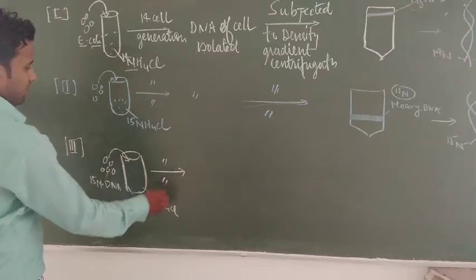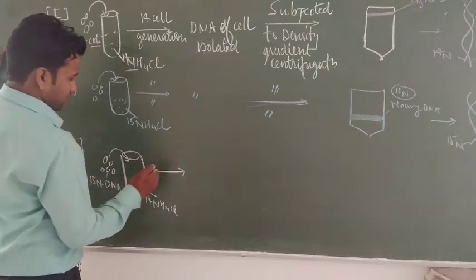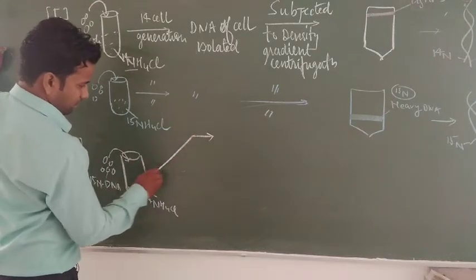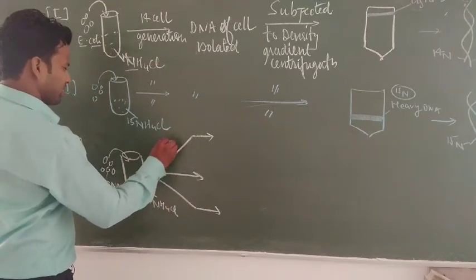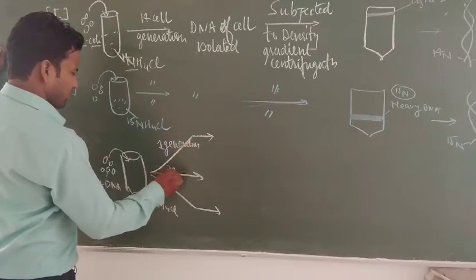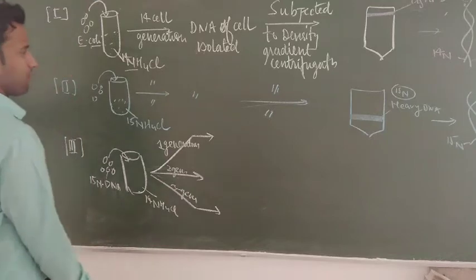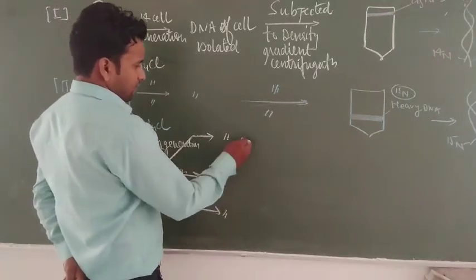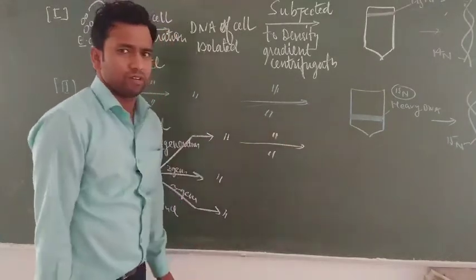Again, they took samples after one cell generation, two generations, three generations. After one generation, DNA is isolated and subjected to density gradient centrifugation.